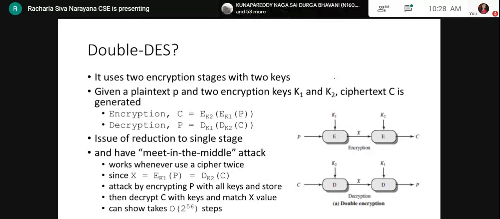So this is the sender, this is the receiver, and the attacker is here. The attacker can choose a 64-bit plain text block, for example, networks.